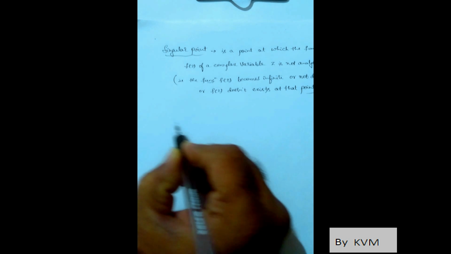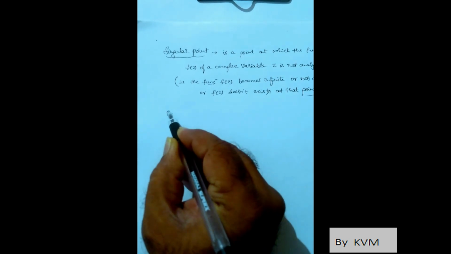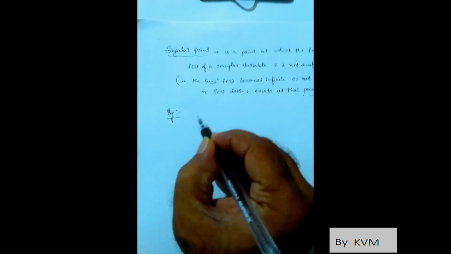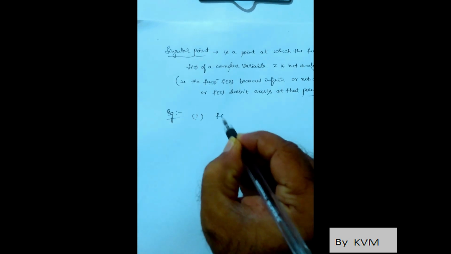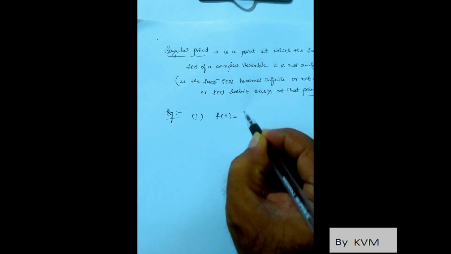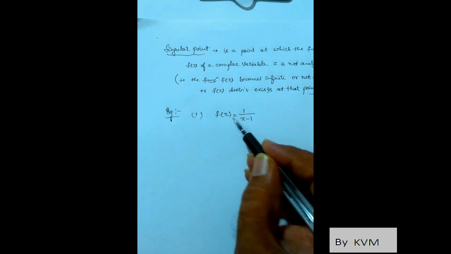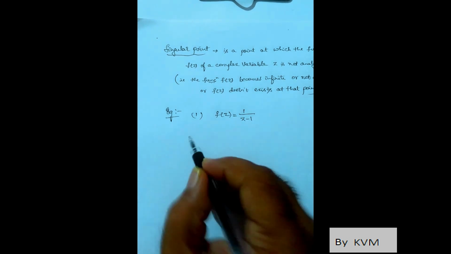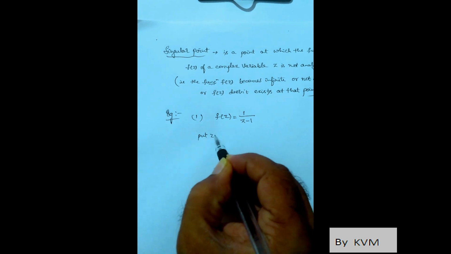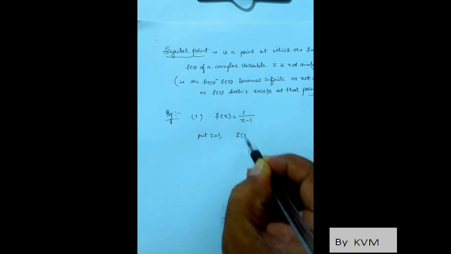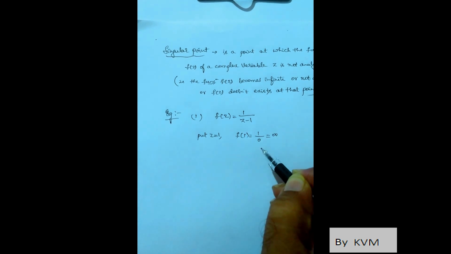For example, if you take f of z equals 1 by z minus 1, if you see the denominator, there is a linear factor z minus 1. So if you put z equals 1, then f of 1 equals 1 by 0, which is nothing but infinite.